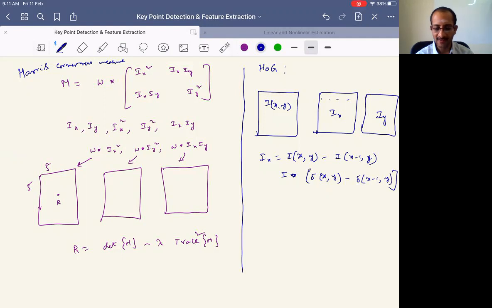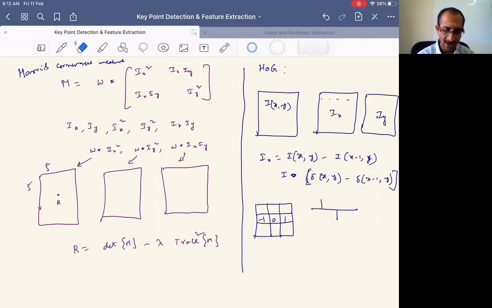This is convolving with this one, in the x direction for Ix. In the y direction it is 0. If we write it in 2 dimensions, this is 0, this is minus 1 and this is plus 1, if we are considering x plus 1 minus x minus 1.